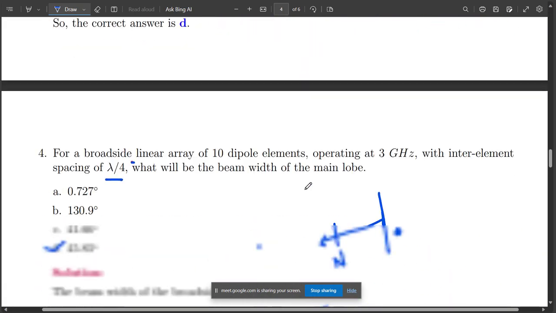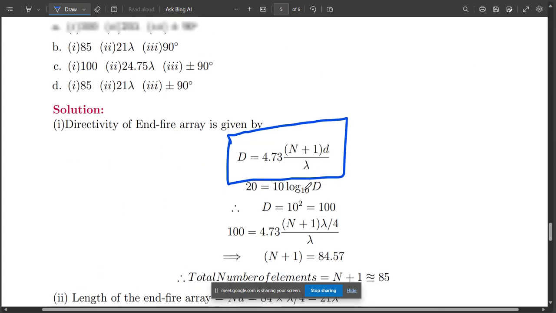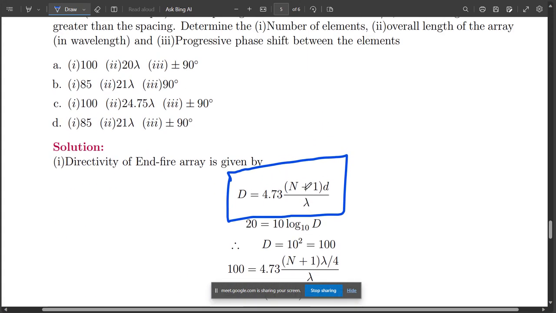So use that formula and tell me what will be the length of the entire array. First tell me the length of the entire array, then we will do that.